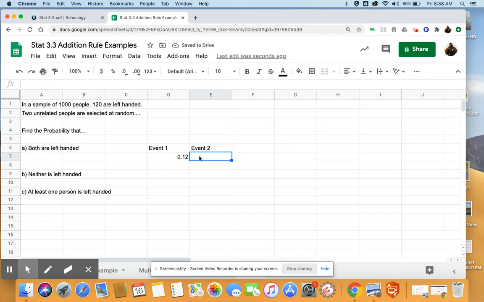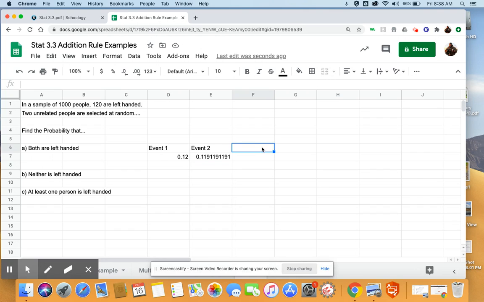The second event, okay, we've selected one person out, so we don't have 120 left-handed people any longer. We only have 119 of them. Put an equal sign in, equals 119 divided by no longer 1,000 people, 999 people. There's a slight difference. It's not a very big difference in the 2 probabilities, but it is a difference.